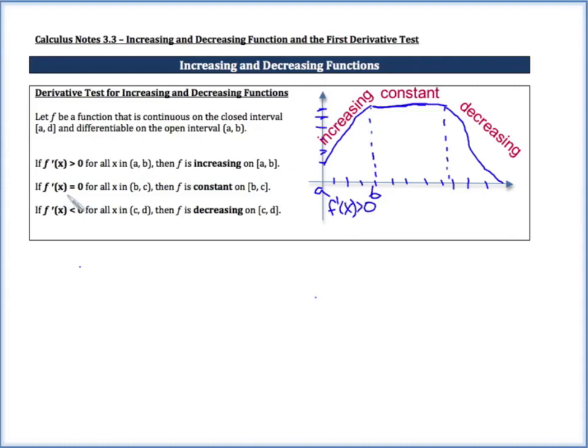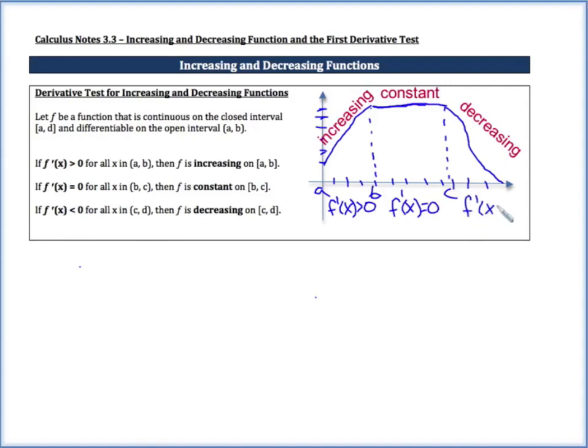If f prime of x equals 0, then we know the function is constant. So here, we're going to say f prime of x equals 0. And then if f prime of x is less than 0, then we're going to say this is a decreasing function.